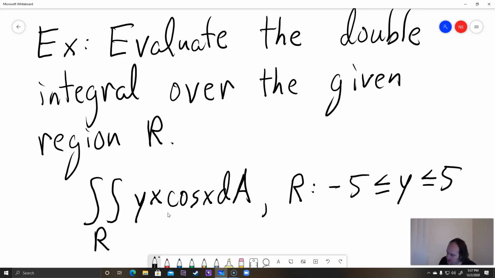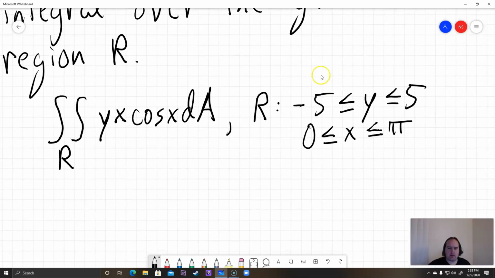And then we also have 0 is less than or equal to x, which is less than or equal to pi.